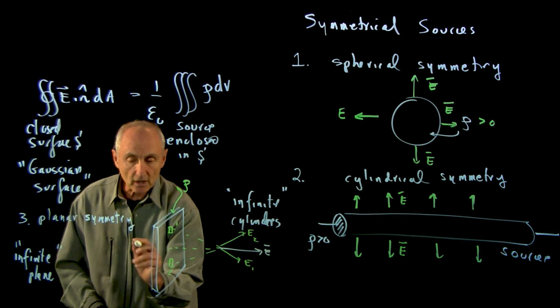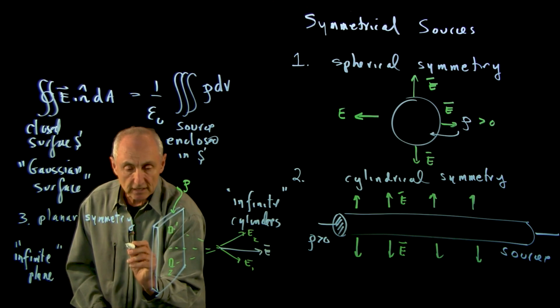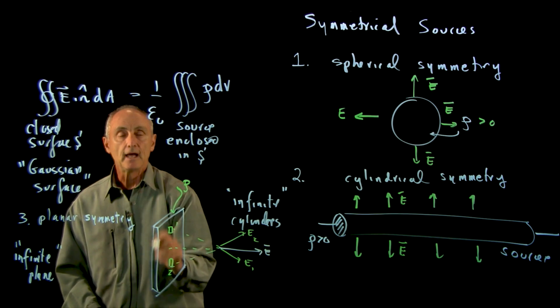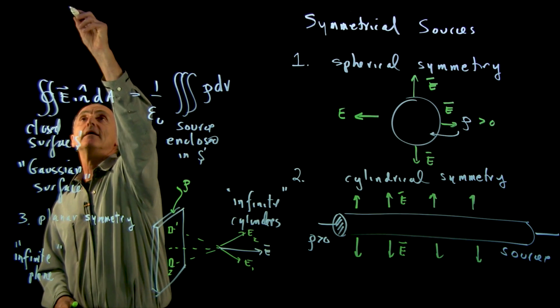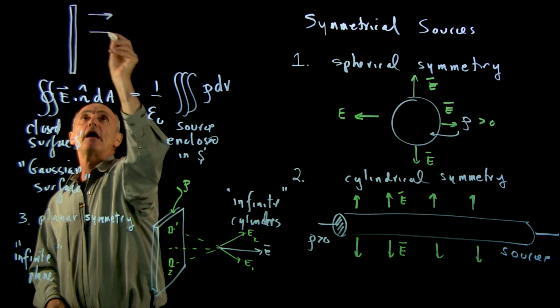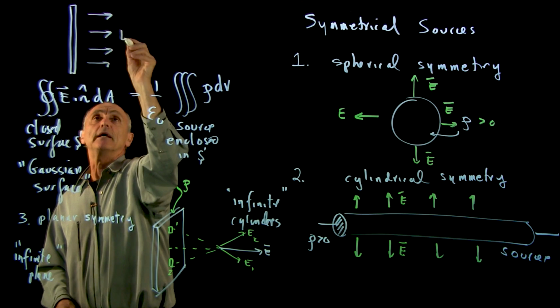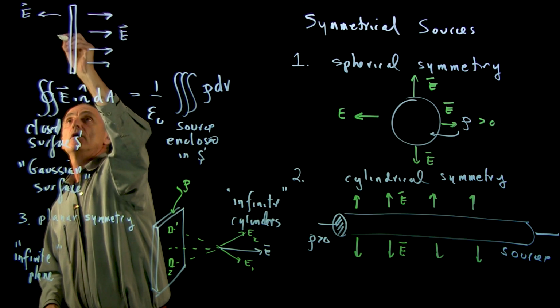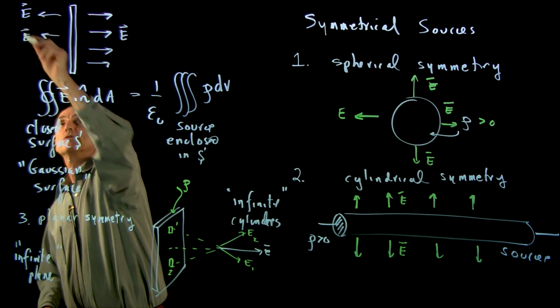And so what we argue is that if the plane were infinite, everywhere outside this plane, and now I'm going to draw that plane like this, seen on edge, everywhere outside this plane, the electric field is pointing perpendicular to the plane.